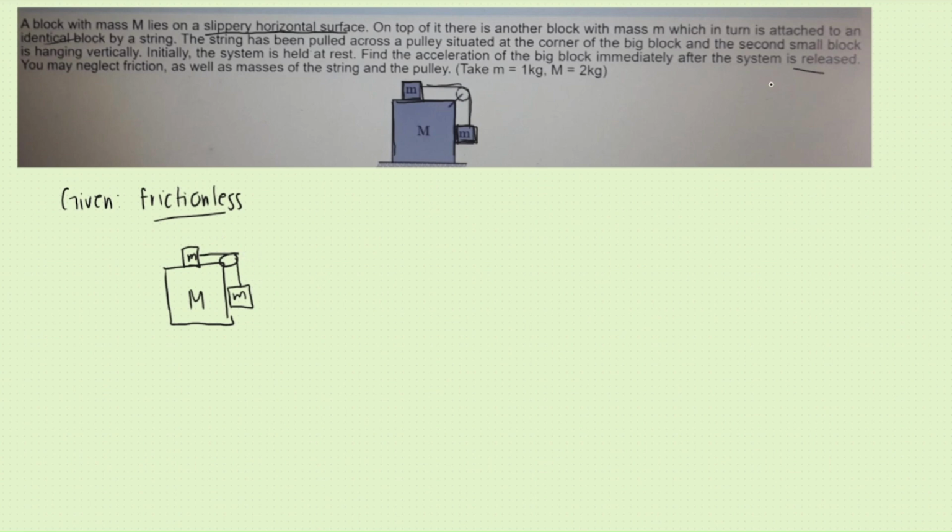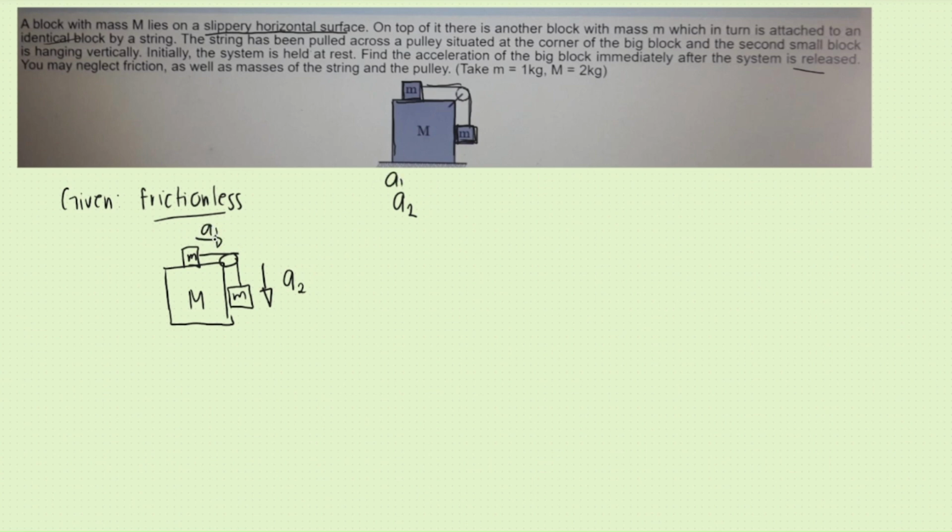If we release the system, obviously this mass here will go down and accelerate downward because of gravitational pull. We'll name that A2, and we'll name this one A1.